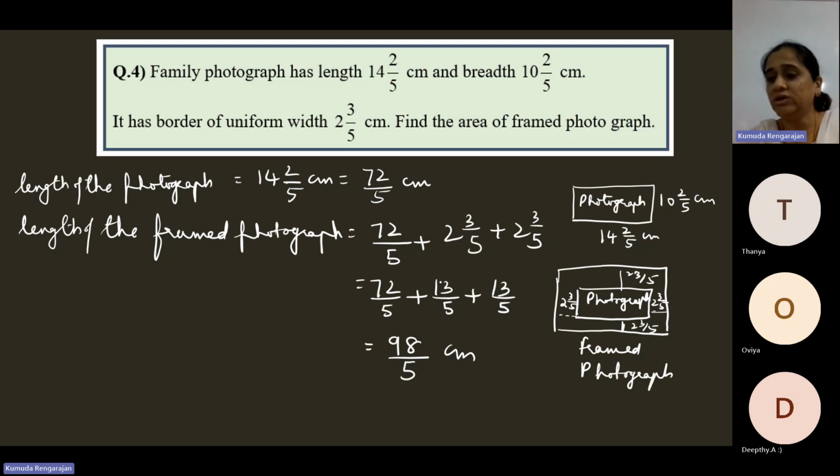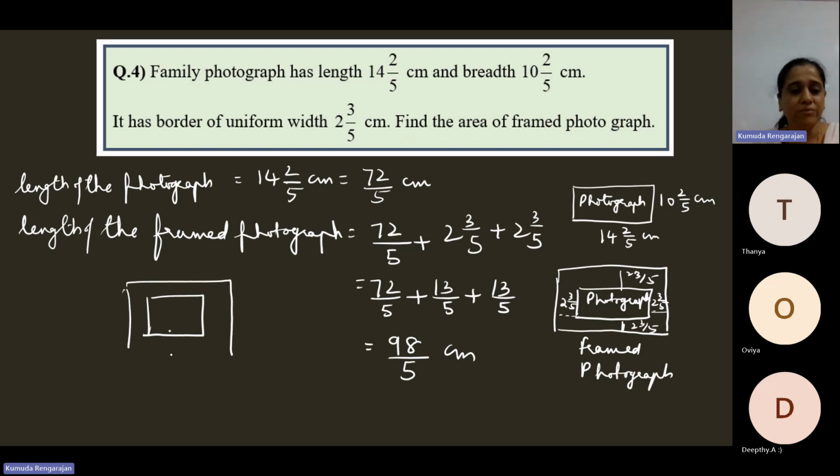What is given in the question is the length and the breadth of the family photograph. So you can find the area of the photograph using this length and breadth. But the photograph is framed. So when it's framed, the length and the breadth will increase. The length and the breadth will be more now because this is the photograph and this is how it's going to be once it's framed.